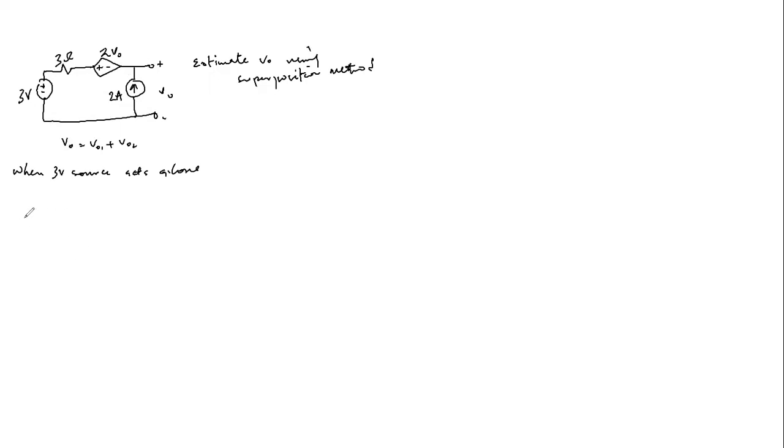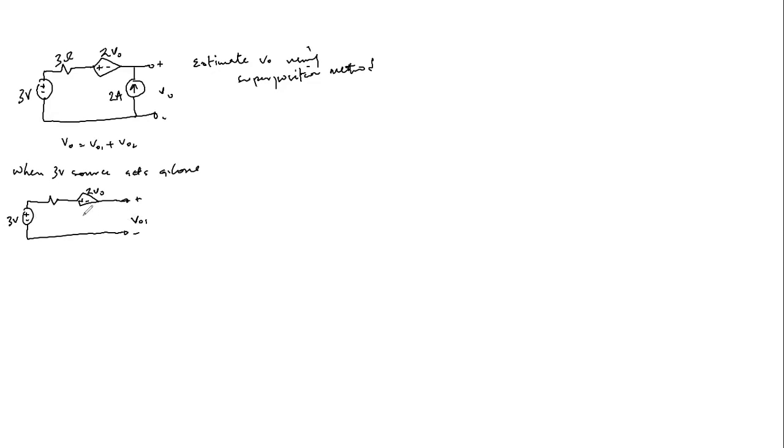So the circuit has minus 3 volts, plus minus 2V0. So replace the current source by an open circuit. Then we relabel, so this will be V01.